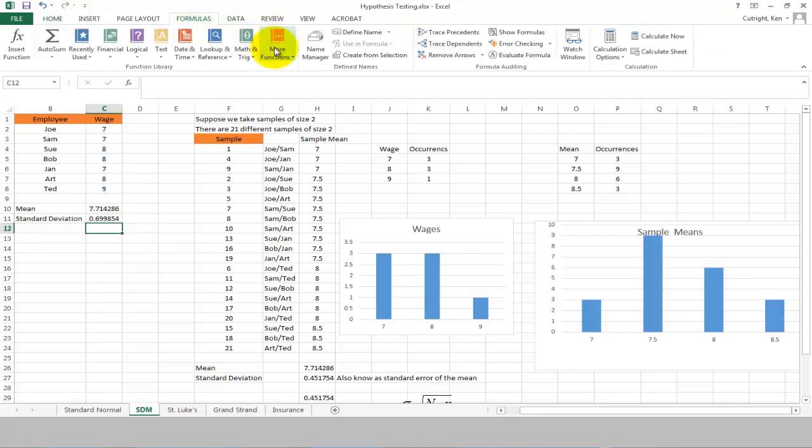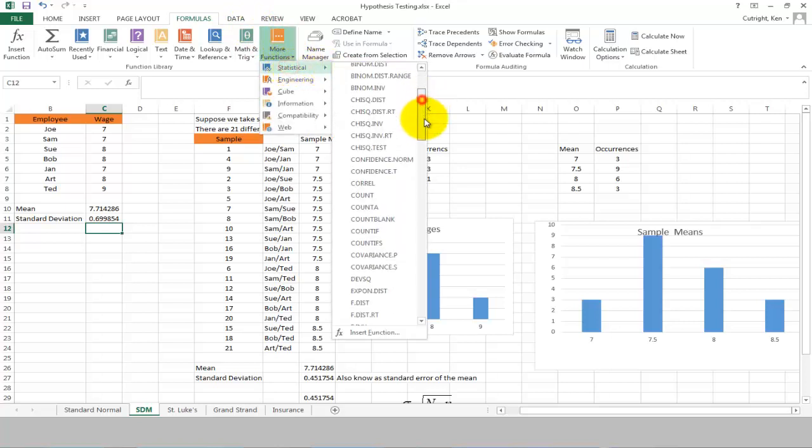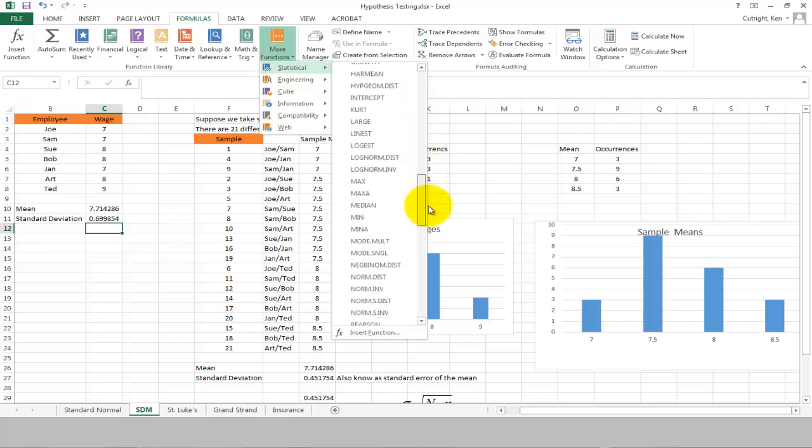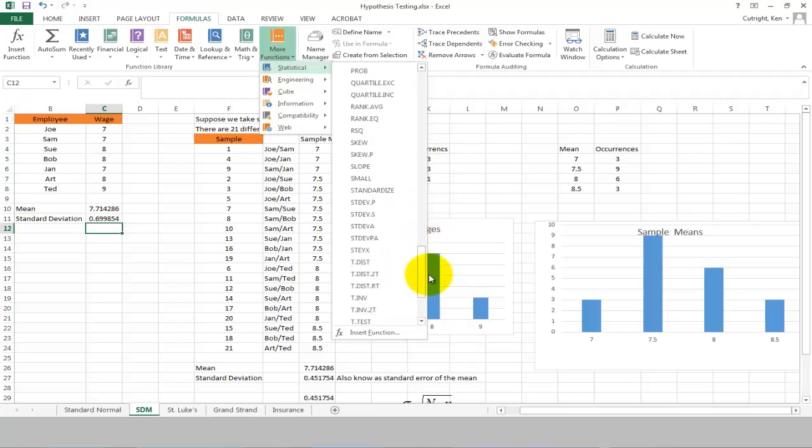If you go to formulas, you go to more functions, you go to statistical, and you can scroll down, and we'll find down here in the S's the standard deviation. We have one standard deviation for the population and one to calculate the standard deviation of a sample. But I used the one for population here.